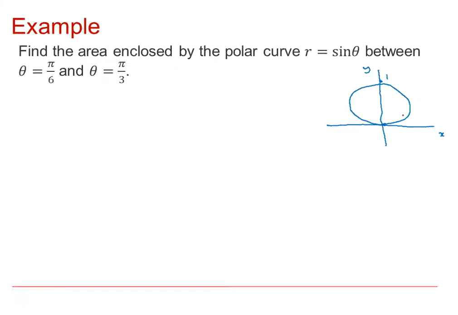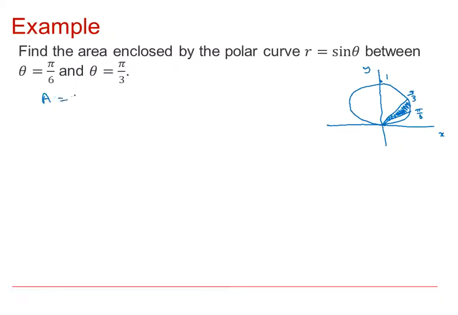We want to find the area swept out by the polar curve from theta equals pi by 6 to theta equals pi by 3, so the area is going to look something like that. That's a rough idea of the area.